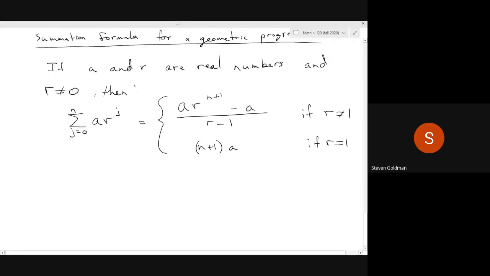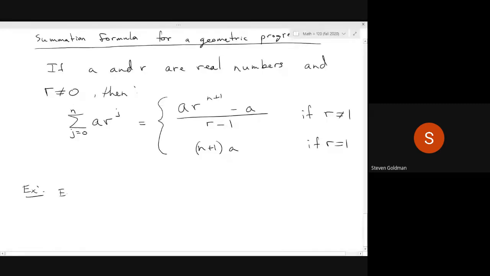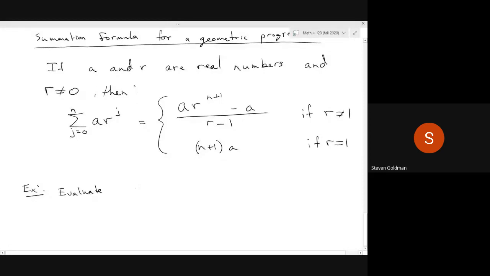Okay, so this is a shortcut for adding up the terms of a geometric progression. And let me show you an example of how this would work. Let's say I asked you to evaluate the sum from J equals 0 to 5 of 3 times 2 to the power of J. So 3 times 2 to the J, that's a geometric progression.